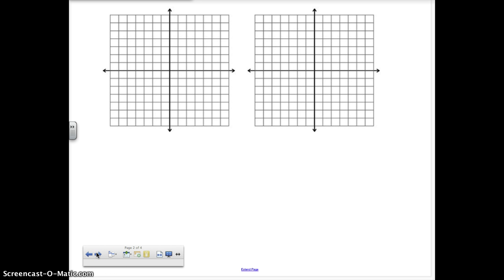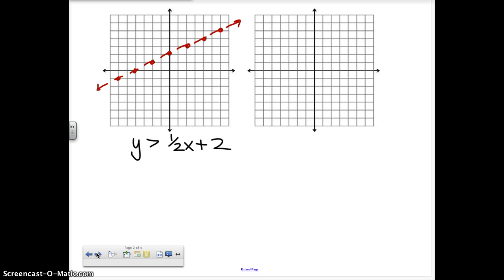You've seen problems where you have something like this: y is greater than 1/2 x plus 2. Right? You've seen that as a problem. You go, okay, I go up 2, and then my slope is 1/2, so rise 1, run 2. And you are smart people, so you remember that it's a dashed line.